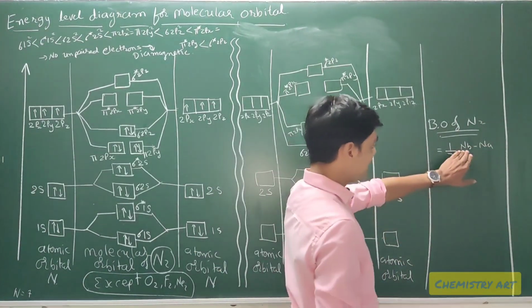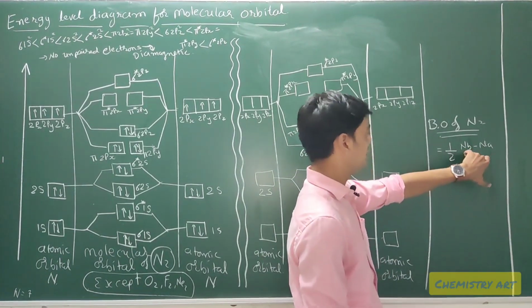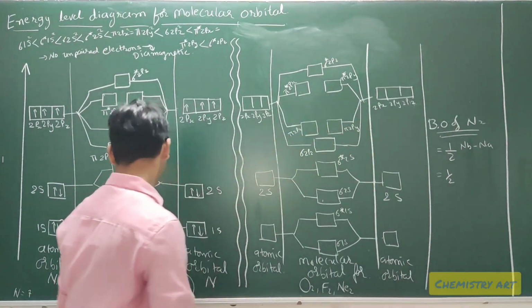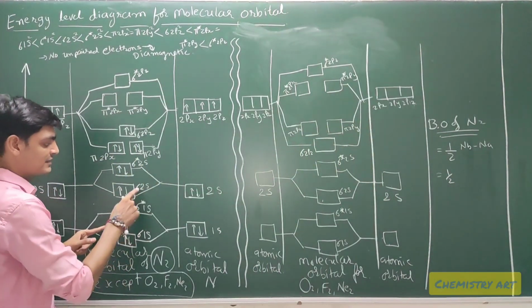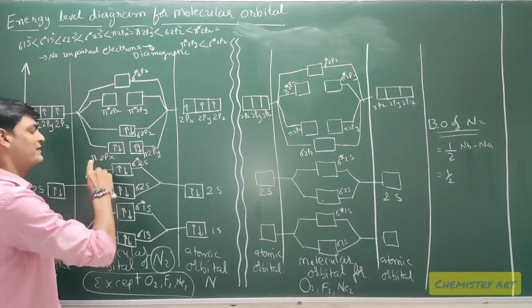Okay, NB is the number of electrons present in bonding molecular orbitals, and Na is the number of electrons present in anti-bonding molecular orbitals. Here sigma 1s, sigma 2s are the bonding molecular orbitals without a star.